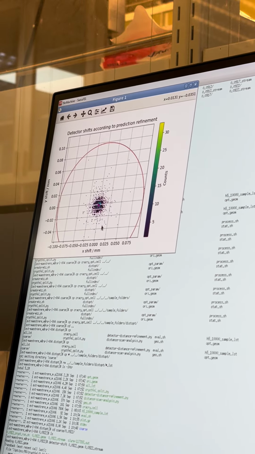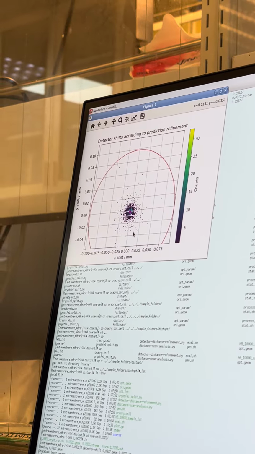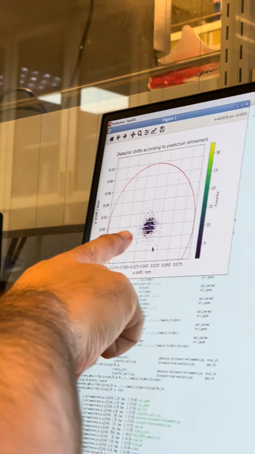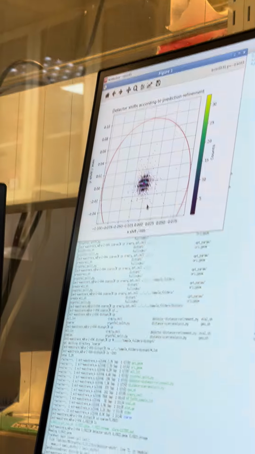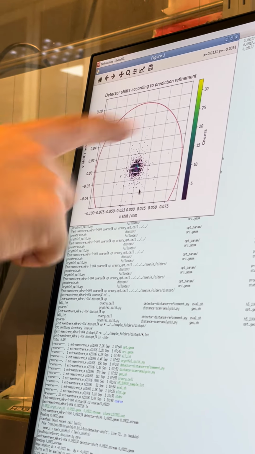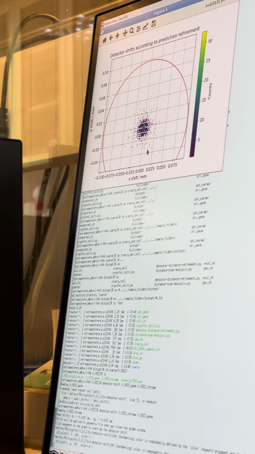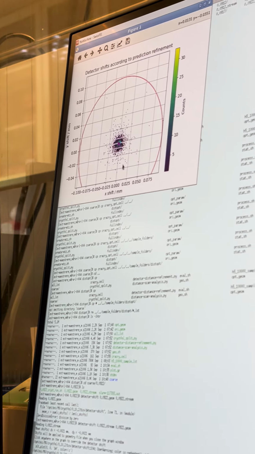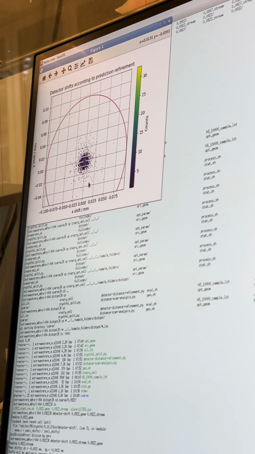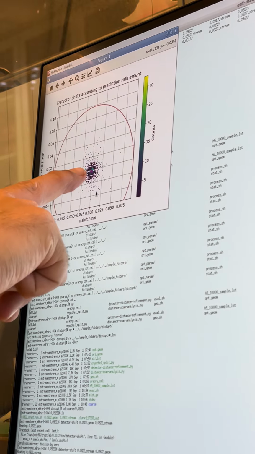From there it calculates an average center, which should be the position 0 for the detector, and that we see in blue. Yeah, it's 0, 0. Then it calculates how much it should shift that position in the calculation, to move it to where the actual geometric center of the actual detector is. And that's that position there.